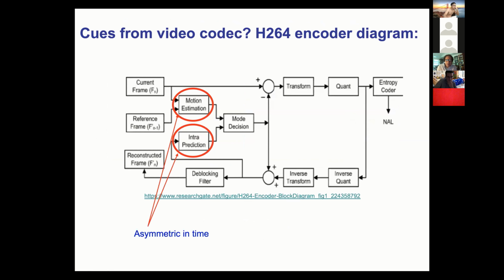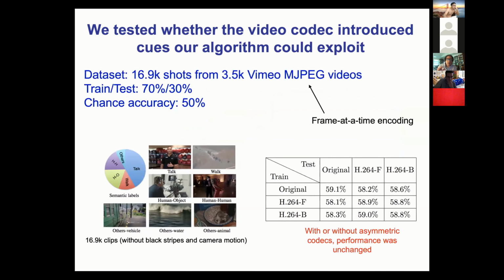There's another artifactual cue that we thought for sure was going to be a problem, and that's the video codec. So the video compression system. H.264 is very asymmetric in time, and we thought surely that might cause a problem. So we tested whether our network exploited that or not.